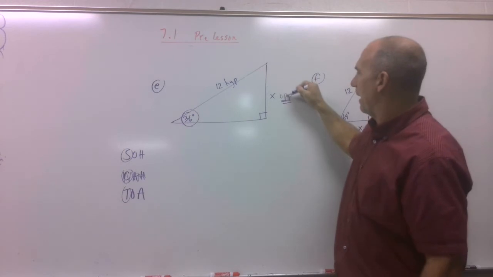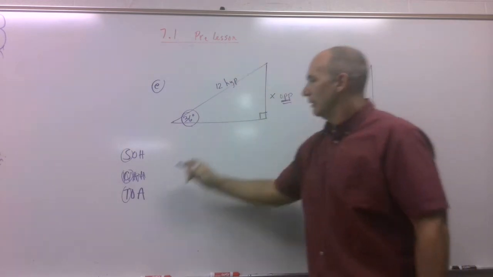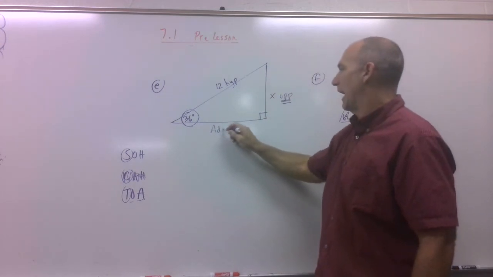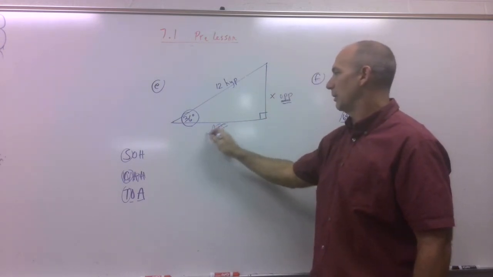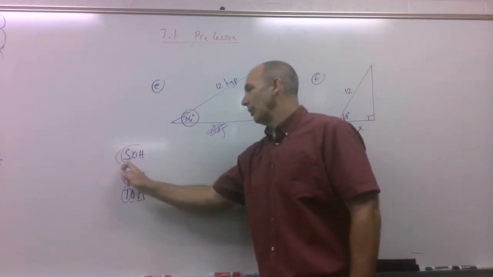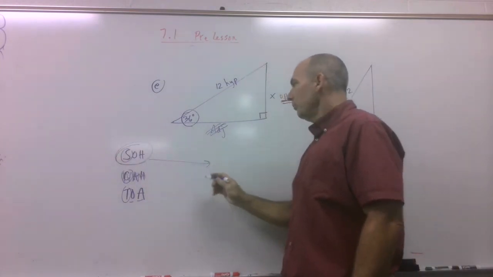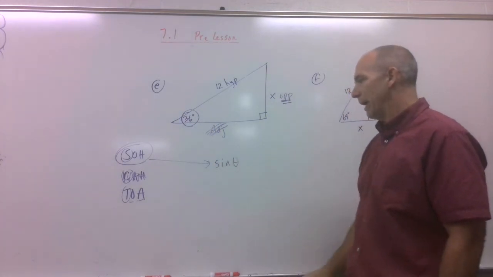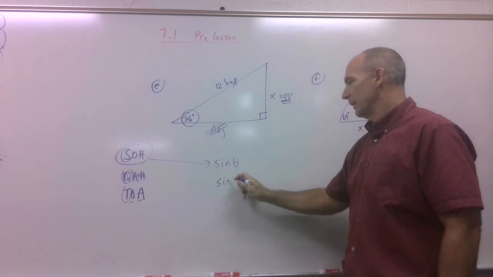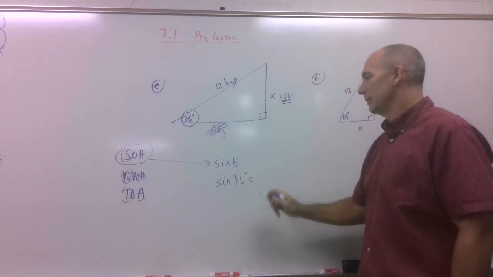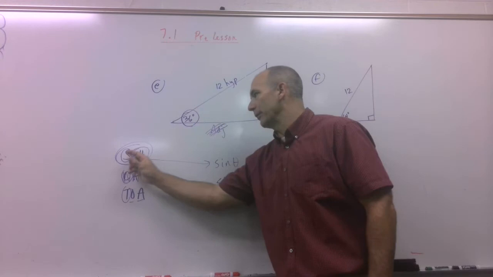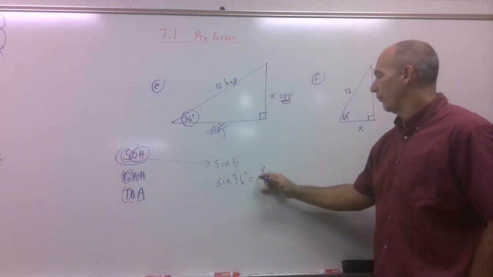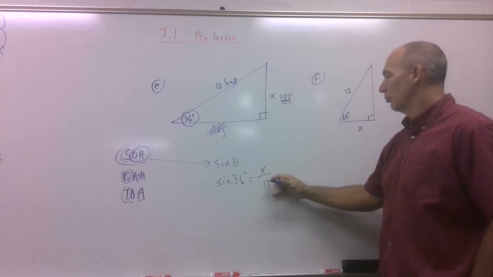Tangent uses opposite and adjacent, and you see the adjacent side is useless for this because we don't know what it is, which is saying use sine. So you're going to take that angle, instead of going sine of some random angle, you're going to be more specific and say 36, and now you're going to follow the opposite over the hypotenuse program. So we're going to go opposite x over hypotenuse 12.